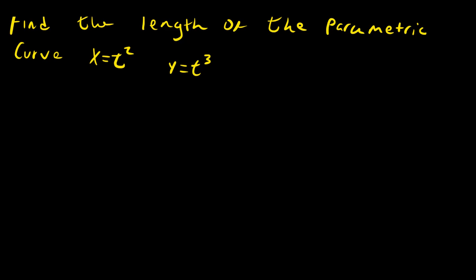It depends on the form in which they give it to you. If they give you two individual equations, x equals t something and y equals t something, then you're going to use the one that I'm about to use. If they give it to you in the form of y equals x to the 3/2 or y equals x squared plus 3x or whatever, and you want to find the length of the curve, you use a different formula.